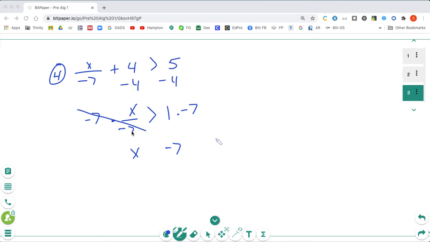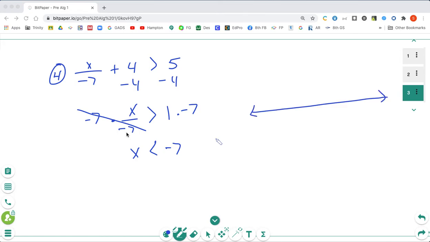Now, notice that I have my minus showing up. So this is going to flip the inequality. So it's going to be x is less than -7.